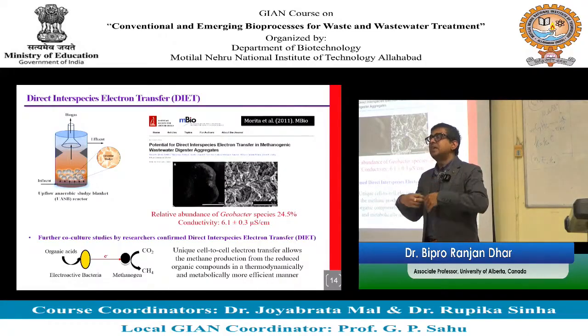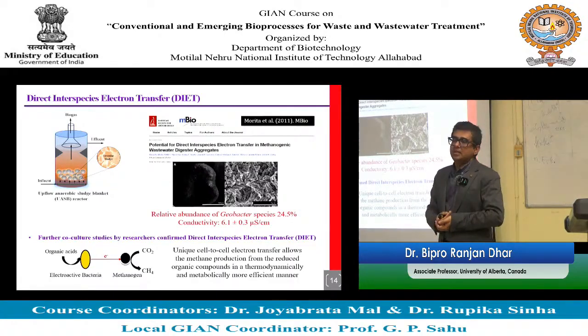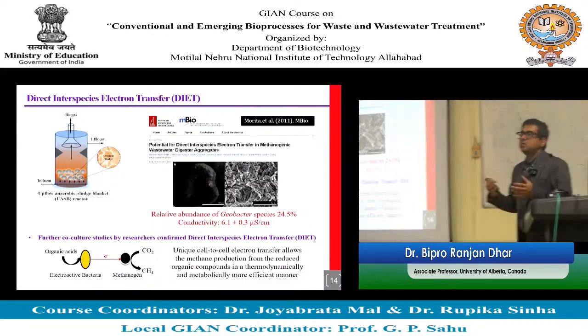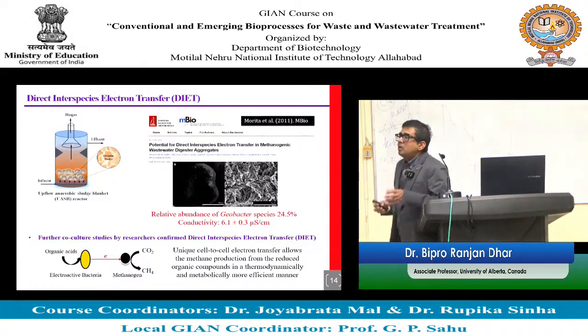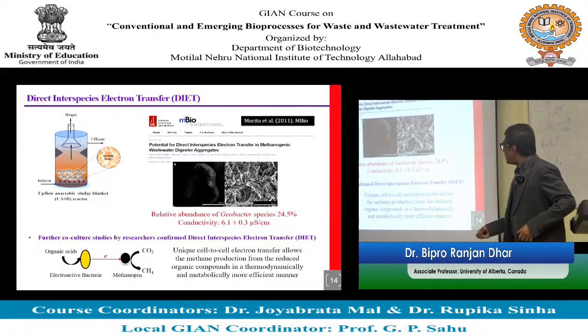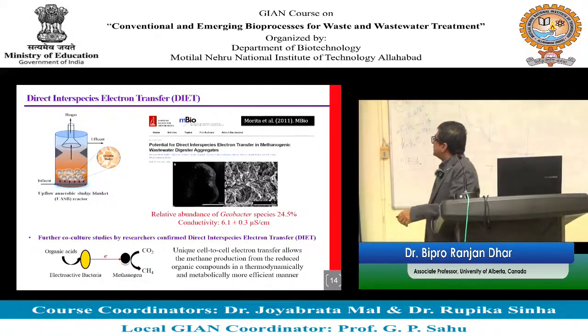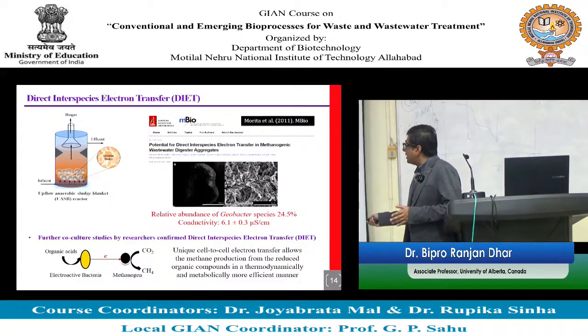They found that simple substrates like ethanol or acetate can be converted to methane, because we know Geobacter love to transfer electrons. So multiple co-culture studies confirmed that electroactive bacteria like Geobacter species can directly transfer electrons to methanogens.